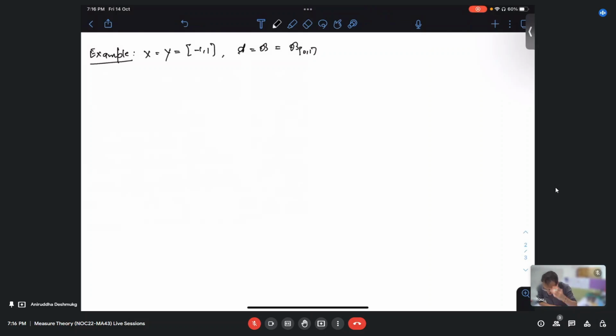So in this case, both my spaces are -1 to 1, closed intervals. And both the sigma algebras are again the Borel sigma algebras of -1 to 1. And here also both the measures mu and nu are Lebesgue measures.